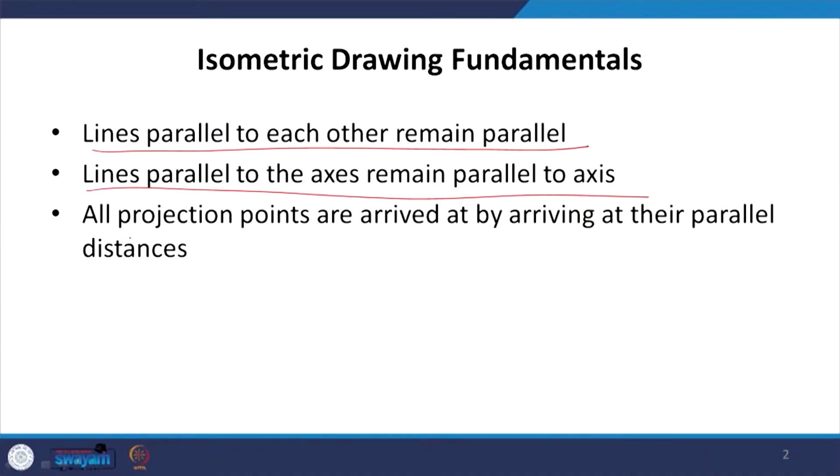The third one: all projection points are arrived at by arriving at their parallel distances, which is what I was mentioning in the last lecture. If there is a certain point for which the reference in terms of distance from x and y is not available, then we actually have to derive that and then go back in the isometric drawing to draw it, which is what we mean when we say all projection points are arrived at by arriving at their parallel distances from the reference lines or reference planes.